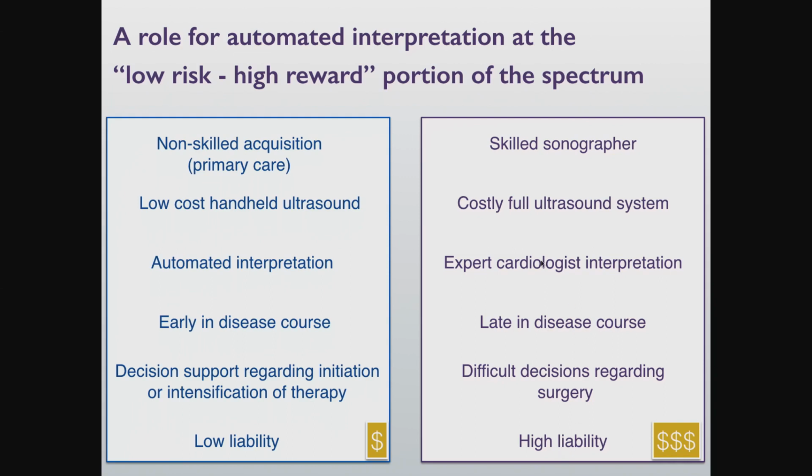These are probably not good places to try to stick in an automated system. But what would be attractive would be to try to enable studies that are not even being done at all.